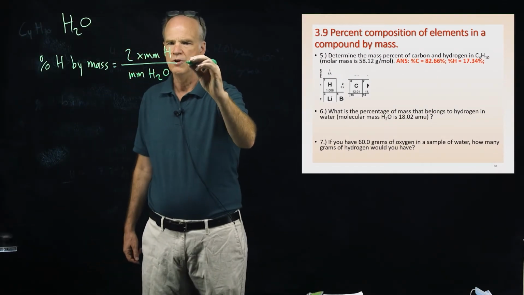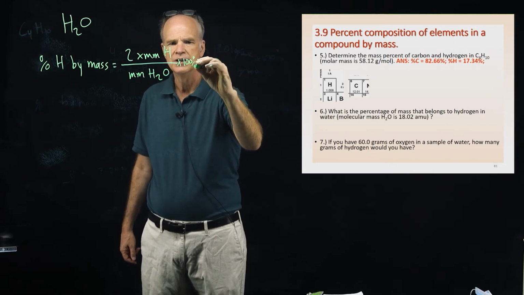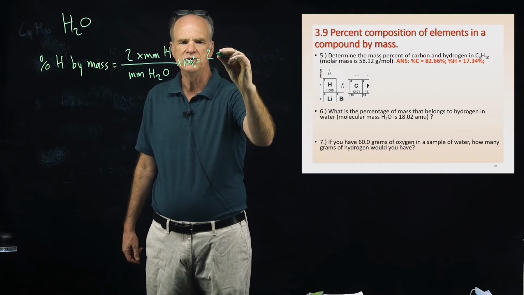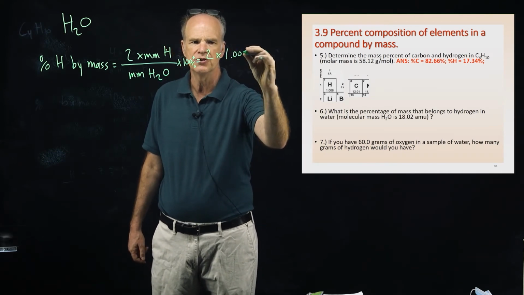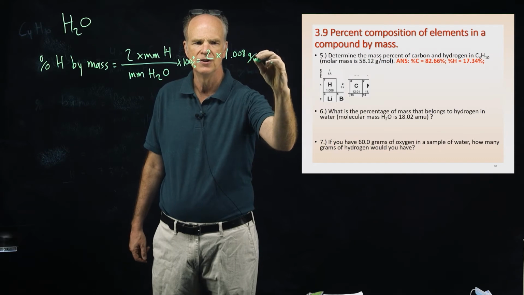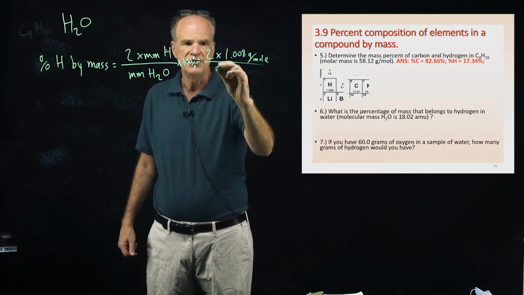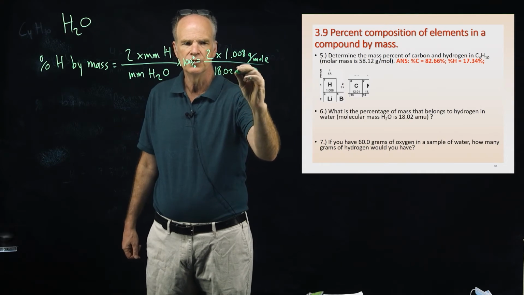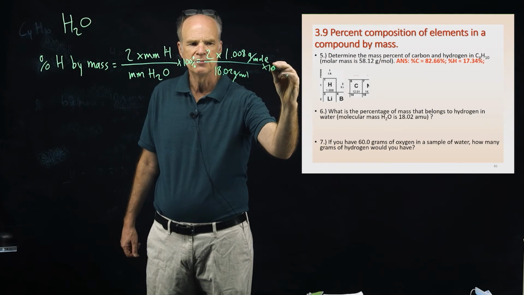And then of course we multiply by 100%. And so it's going to be 2 times the molar mass of hydrogen, which is 1.008 grams per mole, over the molar mass of water, which is 18.02 grams per mole. And we would multiply this by 100%.